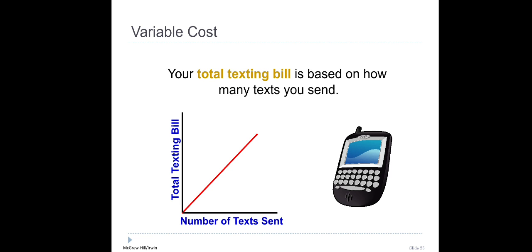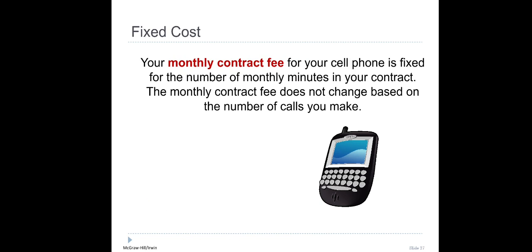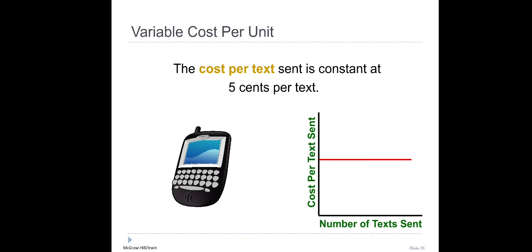So this graph that you see in this slide is the graph for total variable cost. The higher the quantity, the higher the cost. But the unit variable cost is the same. In this example, the SMS cost or the text cost is 5 cents per text.